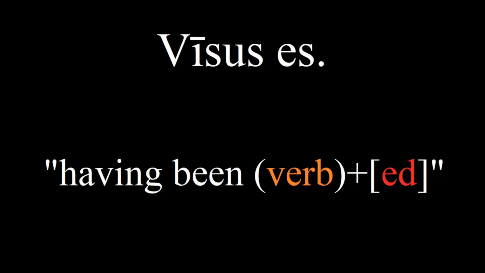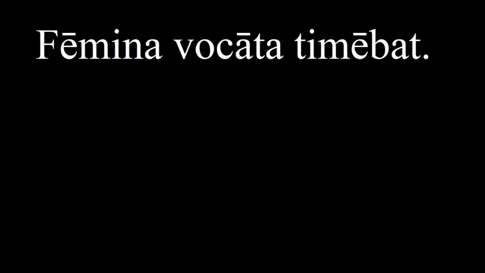Now, the meaning of participles in this form is having been plus the past tense form of the verb. So, visus means having been seen or having been looked at. And this means you are having been seen, or more smoothly, you have been seen. Let's try another.